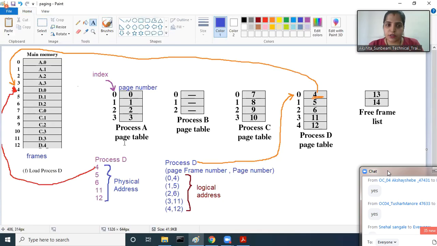And your page table has some entries, having one index and the page number. Logically, if you write, this 0 can be considered as an offset, and this is the actual index.